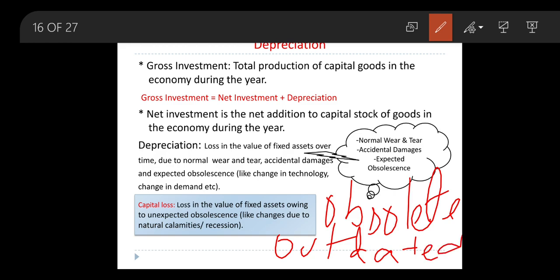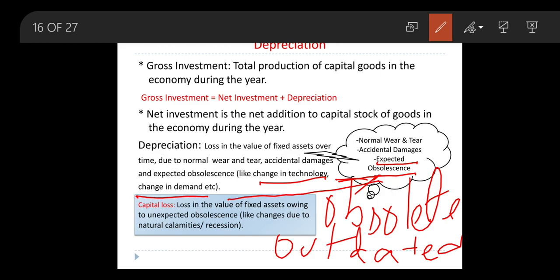There are two reasons which cause outdatedness. Number one is change in technology, another one is change in demand. So expected obsolescence is expected outdatedness. The producers know that these changes, like change in technology and change in demand, are going to occur. He knows it, so that is why it is called expected obsolescence.